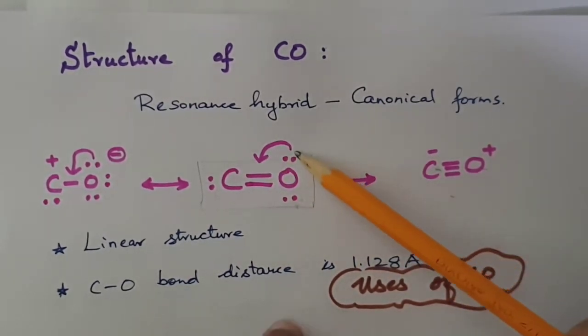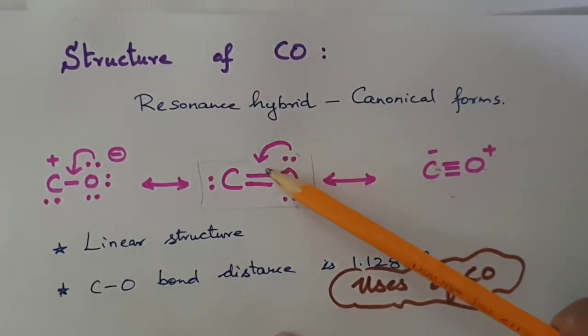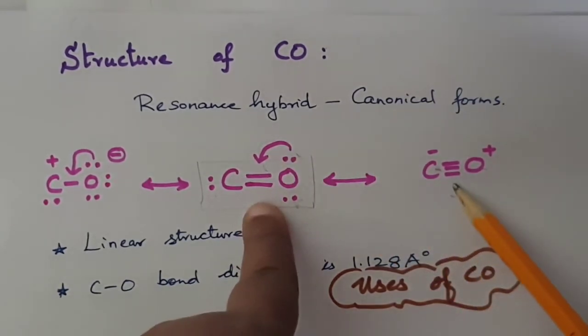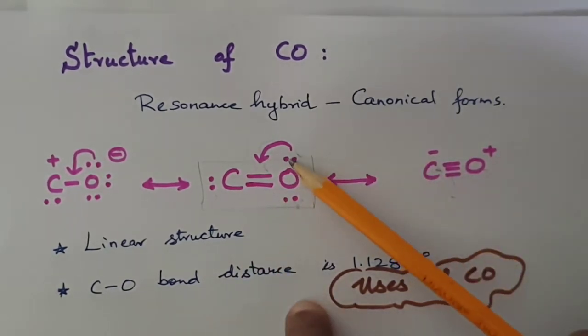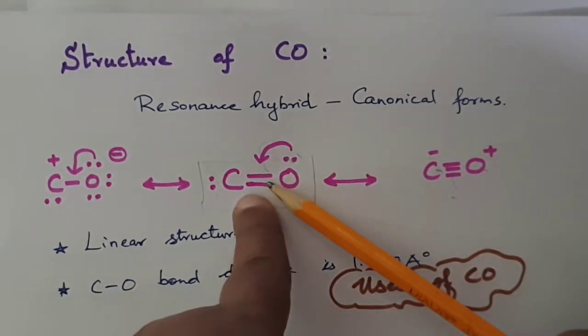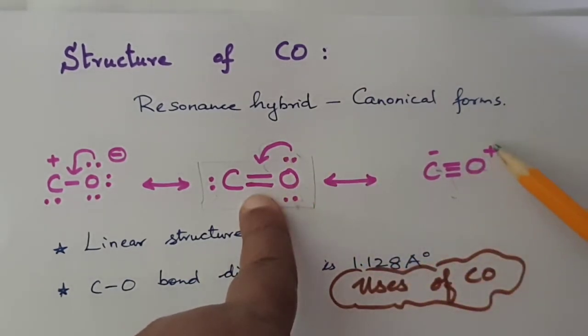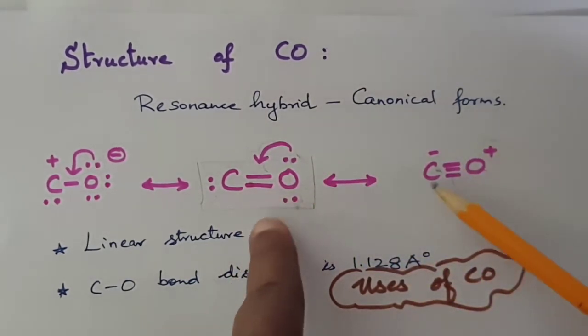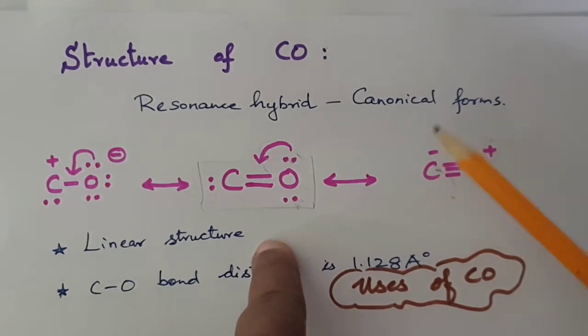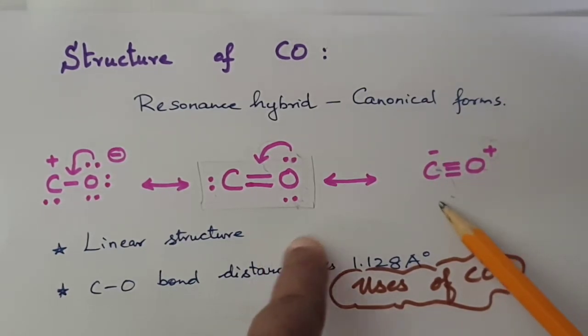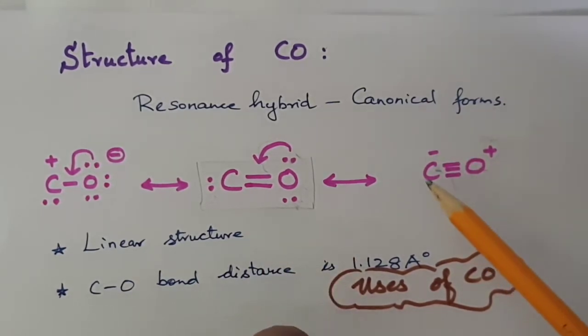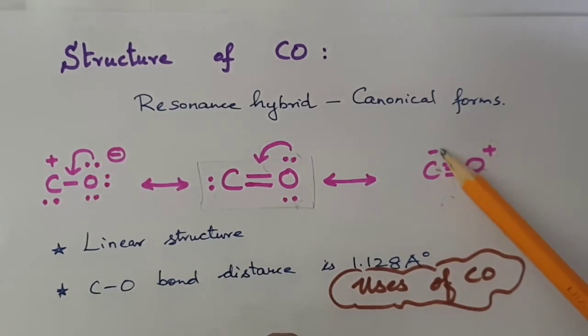When a lone pair of electrons from oxygen comes over here, you get a triple bond being formed. Since oxygen has given off one of its lone pairs to form the bond, it acquires a positive charge and the carbon acquires a negative charge. So this is another canonical form of carbon monoxide in which carbon has a negative charge.